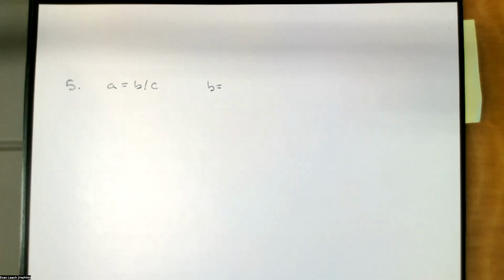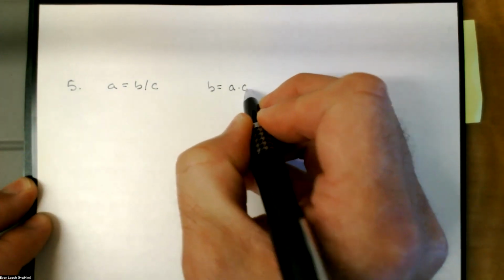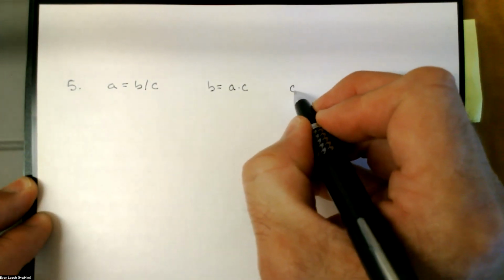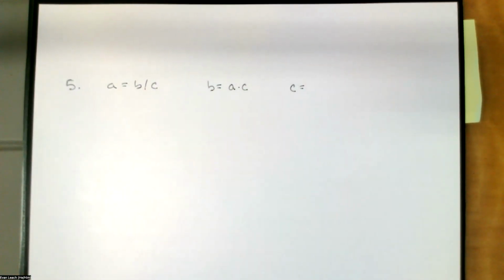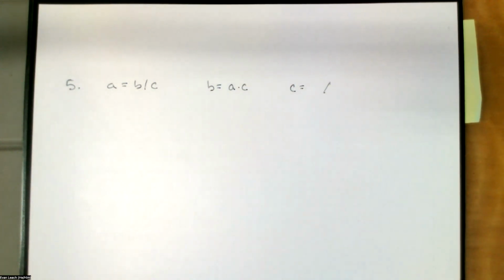We'll multiply both sides by C, so B is equal to A times C. And what is C equal to? That's going to be a division one because we had one multiplication, we used it. What's the other division that we're going to come up with? B over A.